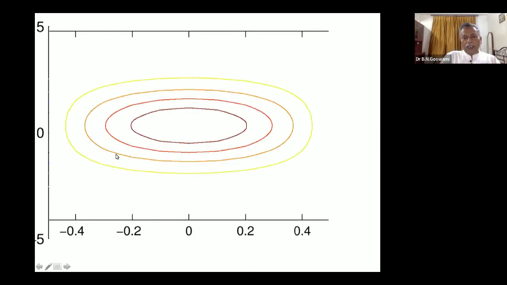Then it is something like this. The symmetric function will look like this. So it is localized. It has a scale, and it is maximum at the equator and decreases away from the equator symmetrically, and also decreases from the center to the boundary.